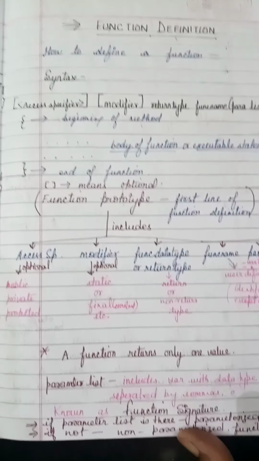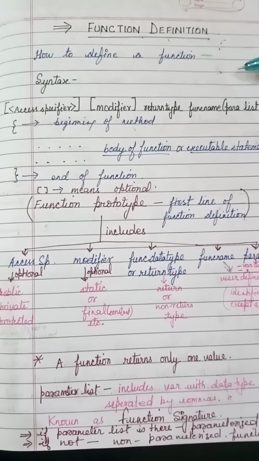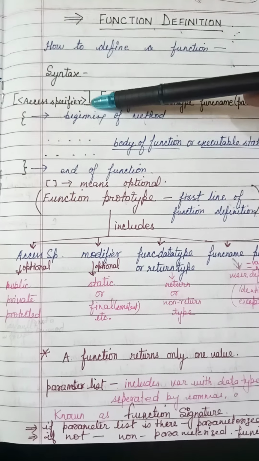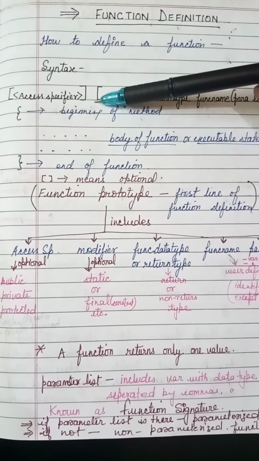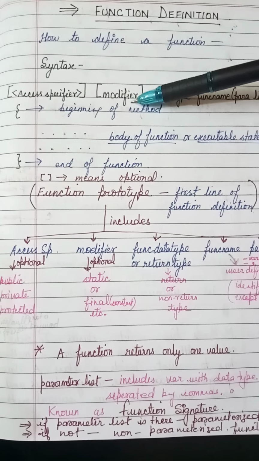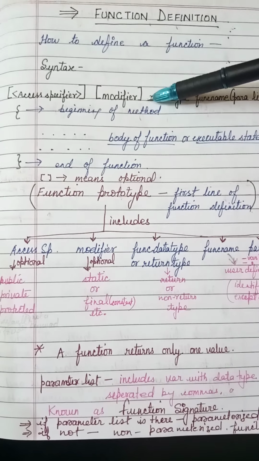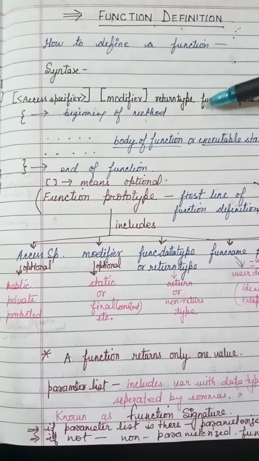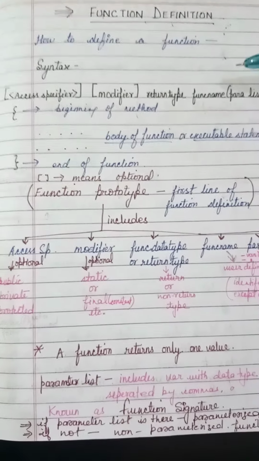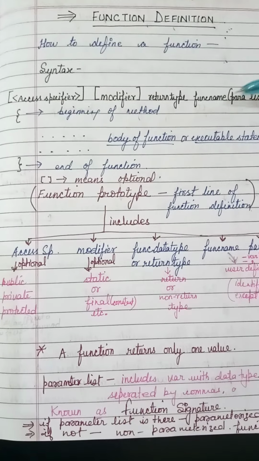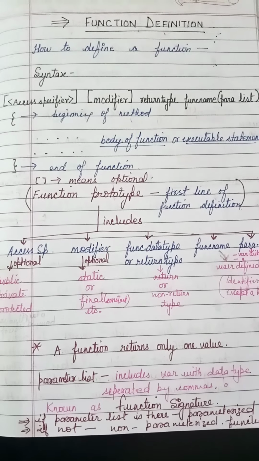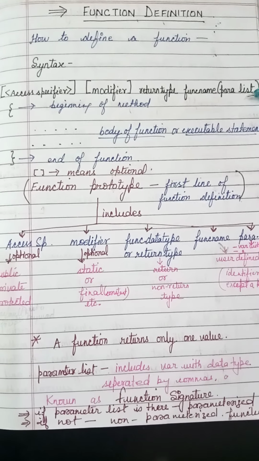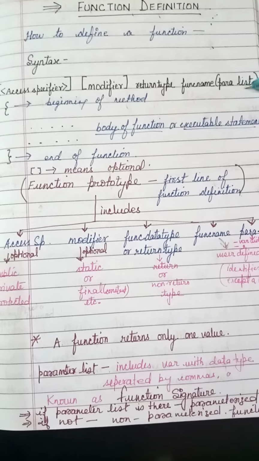The syntax for the function definition will be: firstly you will write the access specifier, then a space, then modifier, separated by space, return type of function, space, function name, an identifier, and within the parenthesis, the parameter list separated by commas if more than one parameter is there.